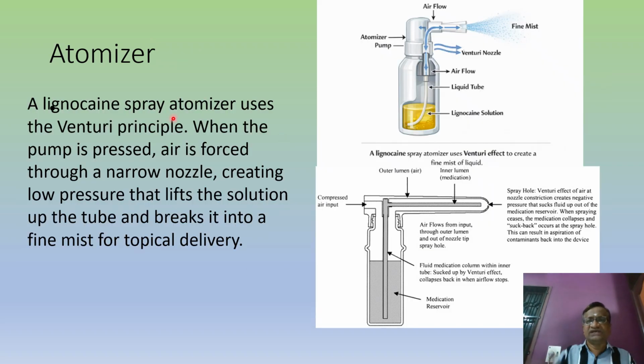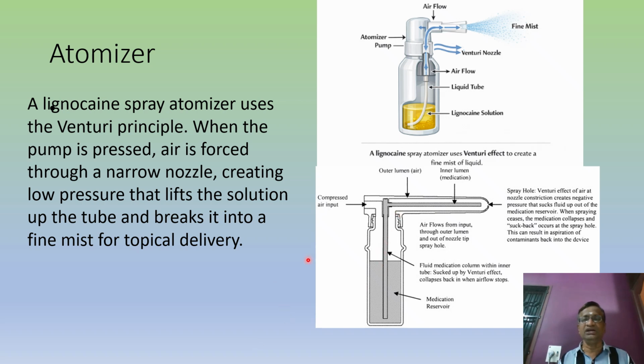Now, what is an atomizer? We always use the lignocaine spray, an atomizer. When the pump is pressed, air is forced through a nozzle. The air flows here, and there is a negative pressure from which the lignocaine solution is drawn, and the air also flows here, so that a fine mist is created.